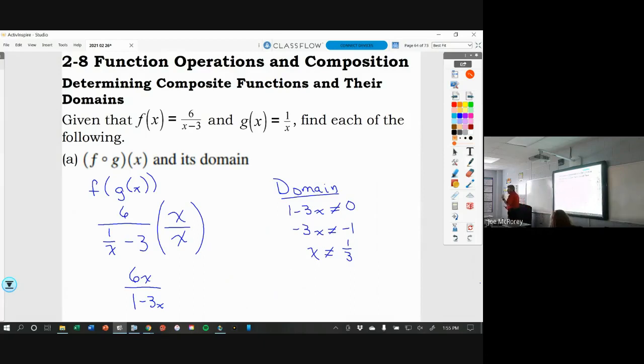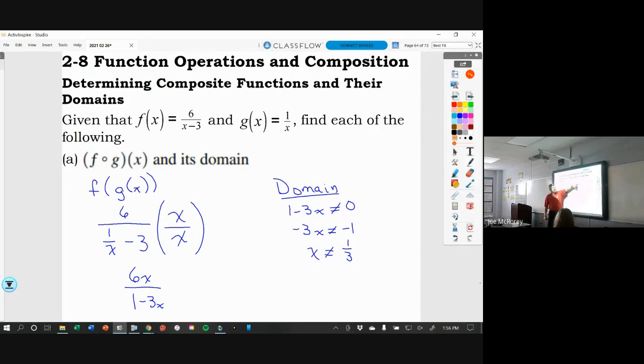But there's another problem. There's one more problem. And the problem comes from the g of x. Notice that we're plugging stuff into g of x. That's where we started. Do you see a problem with g of x? What can't be 0?